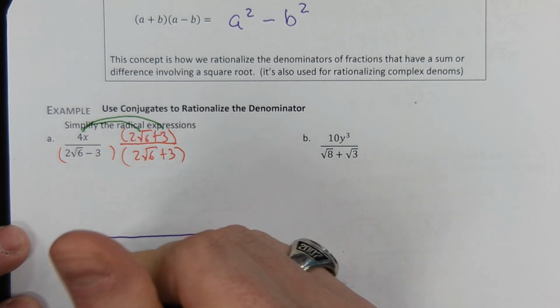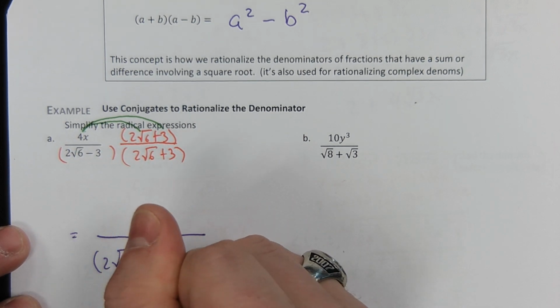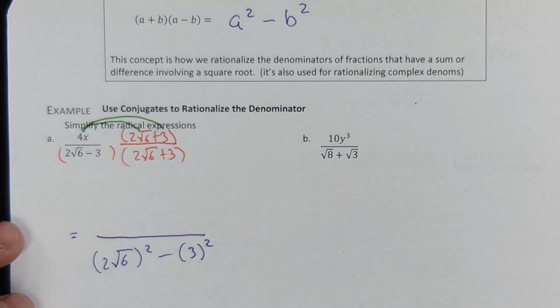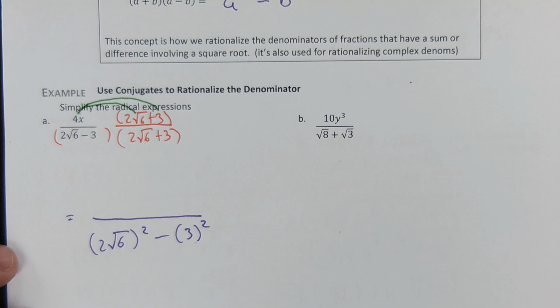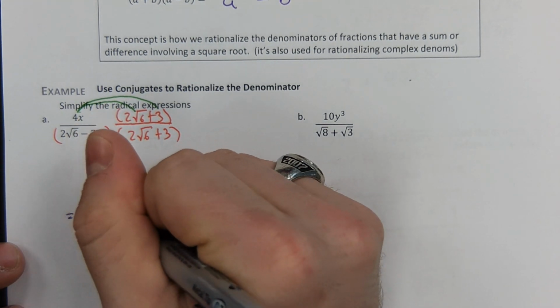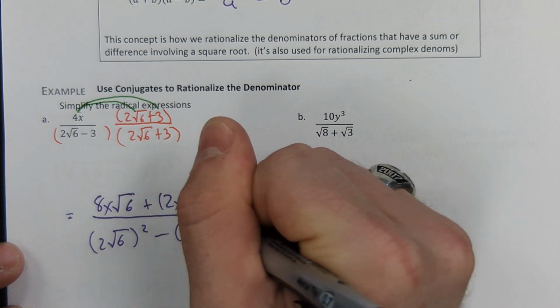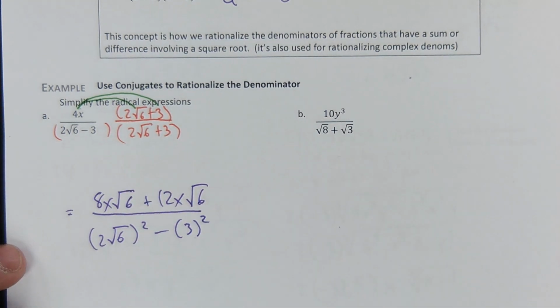On the bottom, square the front, square the back, put a minus sign in between. On top, distribute. Easy peasy lemon squeezy.